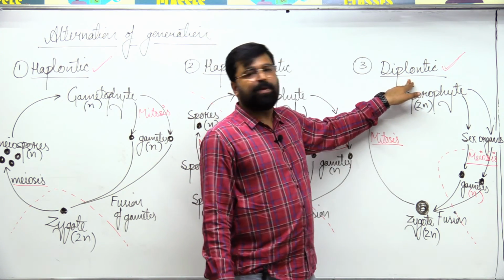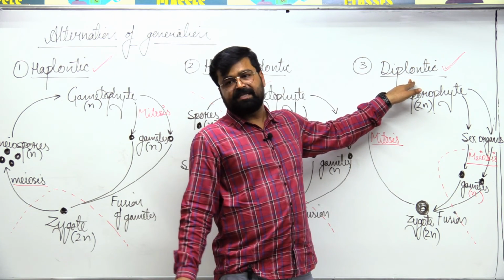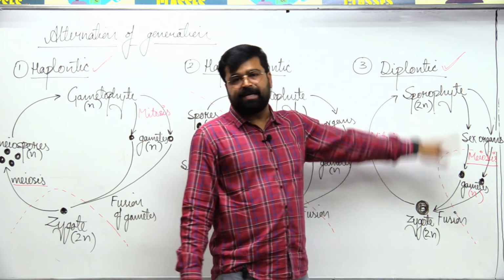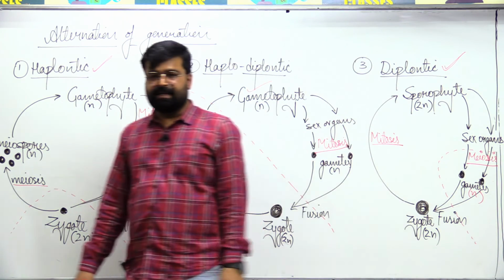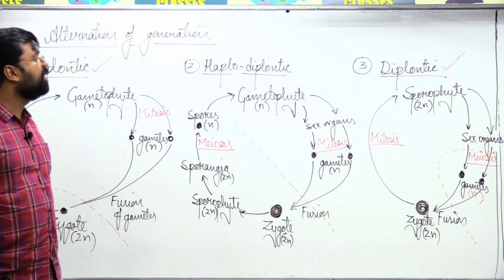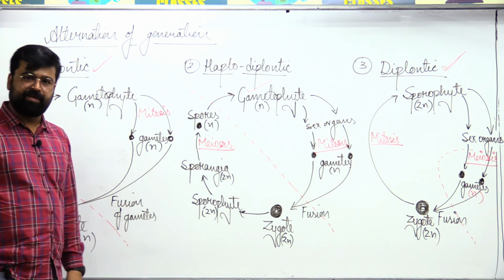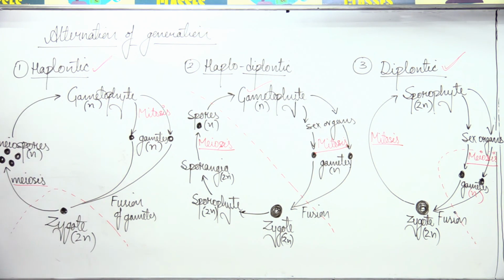That's why this type is called the diplontic type of life cycle, or diplontic type of alternation of generation.